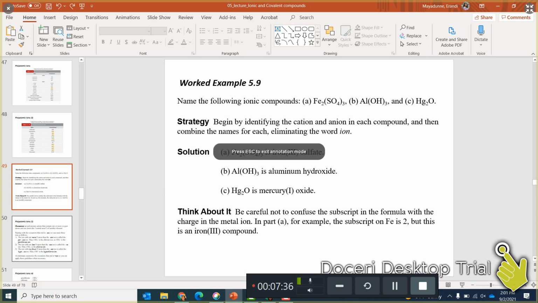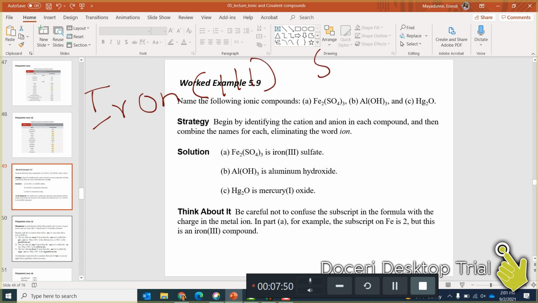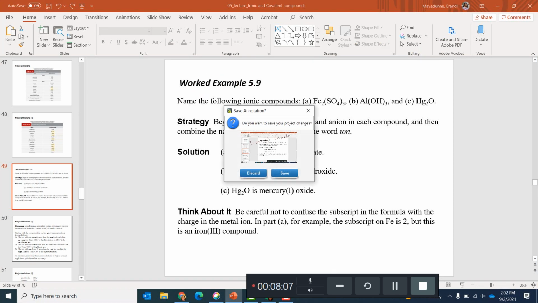So iron 3 sulfate. Aluminum hydroxide, and this is hydroxide OH, and then this is HgO, it is mercury 1 oxide. I know oxygen is not a polyatomic ion, but it's just given here.